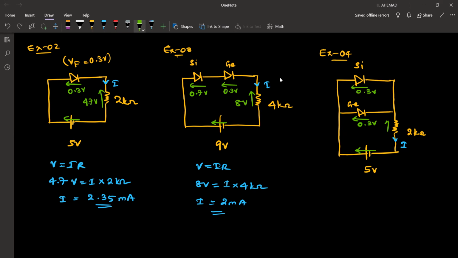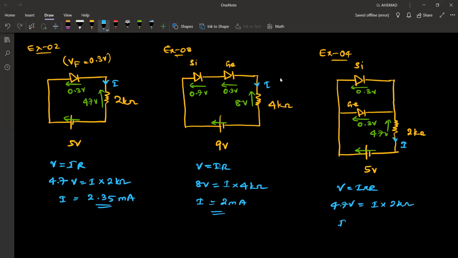Therefore, the remaining 4.7 volts will drop across this resistor. So if you want to find the current, V is equal to IR. So V is 4.7 volts, I into 2 kilo ohm.